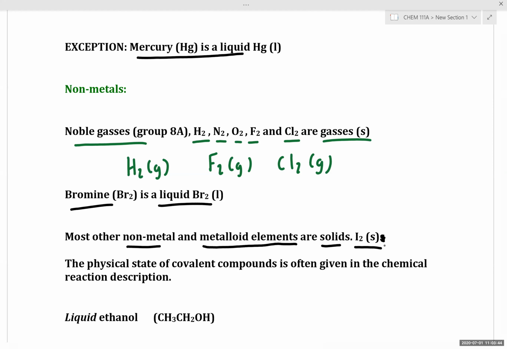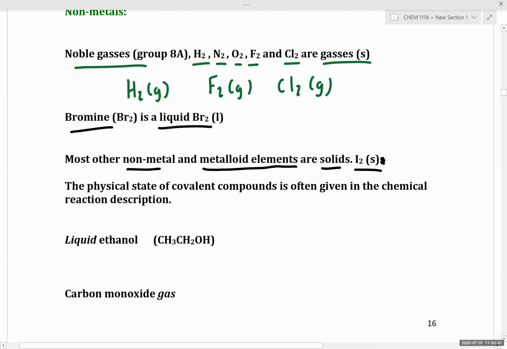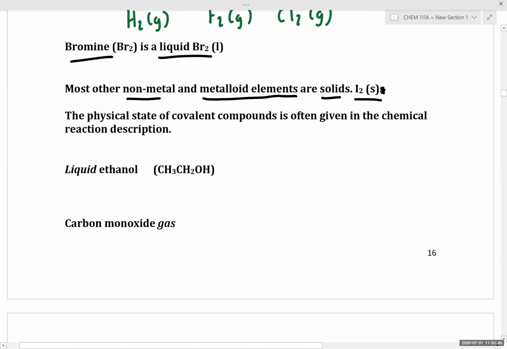So that's our elements. Now let's talk a little bit about covalent compounds and ionic compounds, and how the physical state is described for covalent compounds. Just to be clear, we don't have any inherent tools to predict the physical state of a covalent compound. However, often the physical state is given in the chemical reaction description.